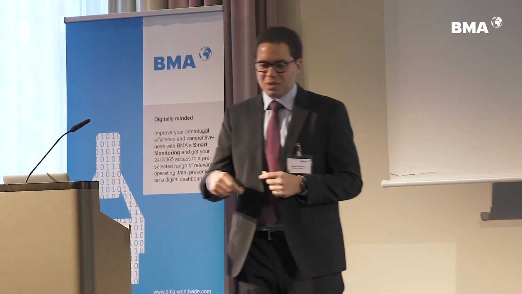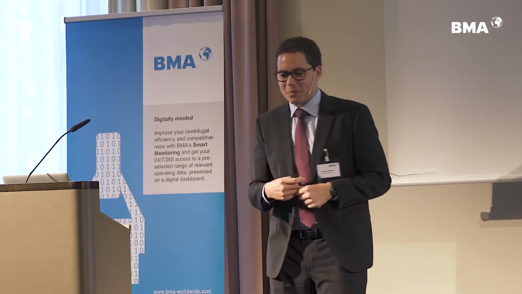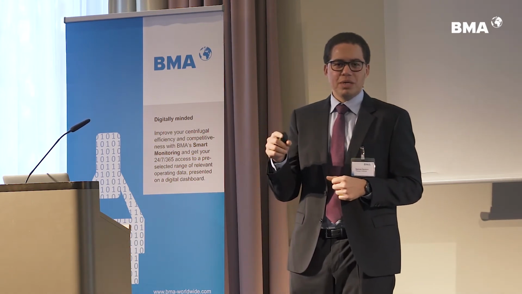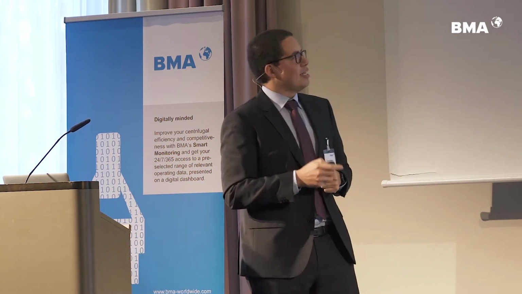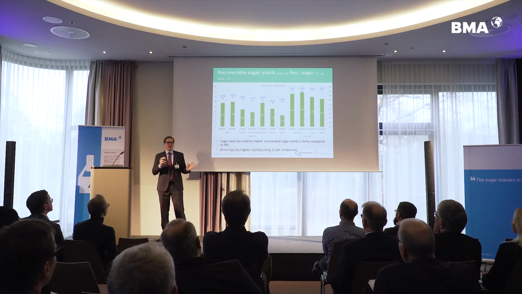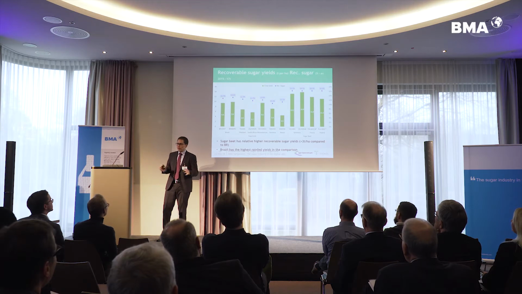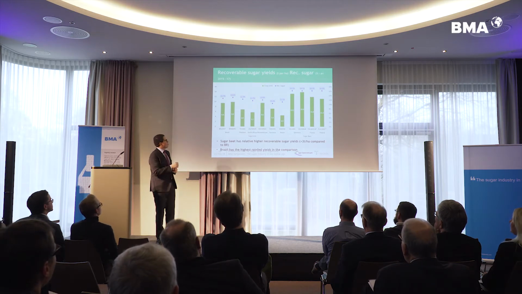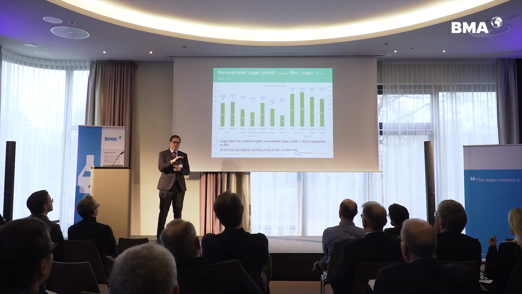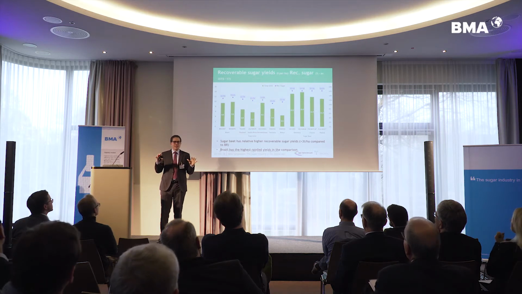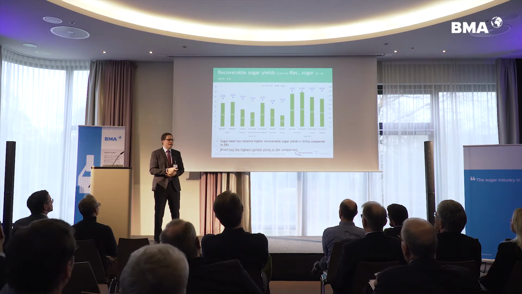When I started working, I talked to Thomas and I said, our main goal should be to have one graph that looks like this, with sugarcane and sugar beet in the same graph. For this to happen, we have to make sure that the data is all around the same values, so the same way of collecting.